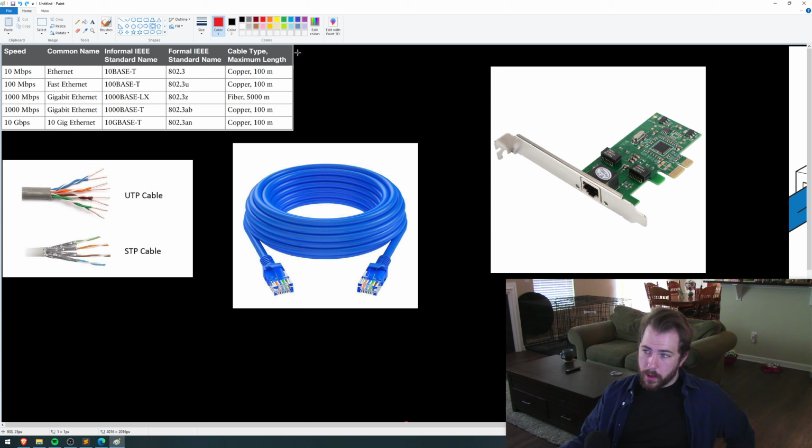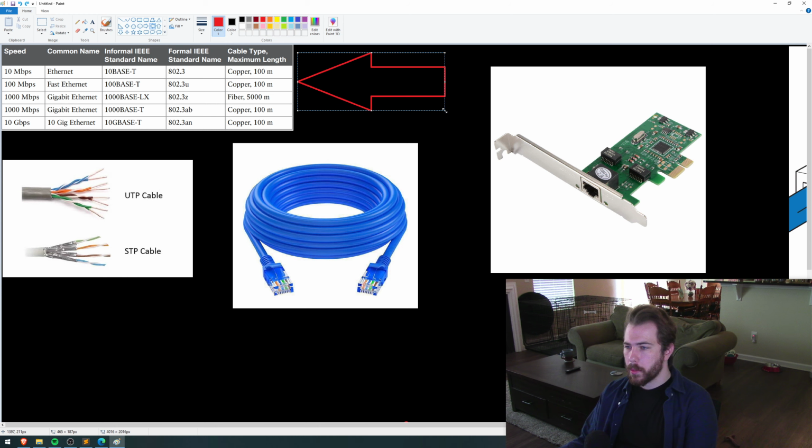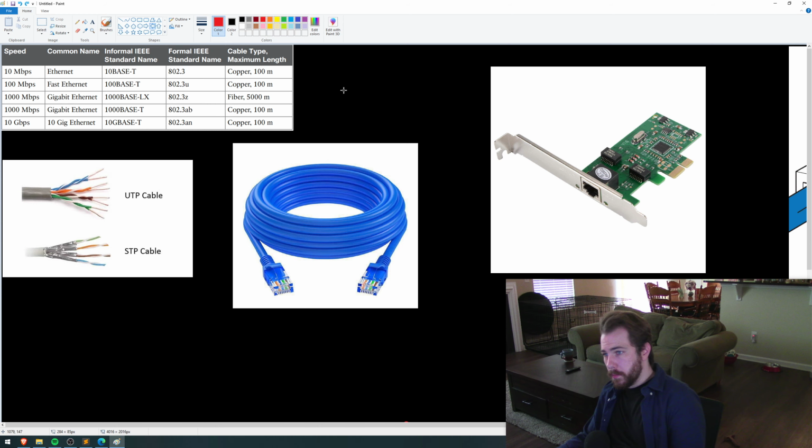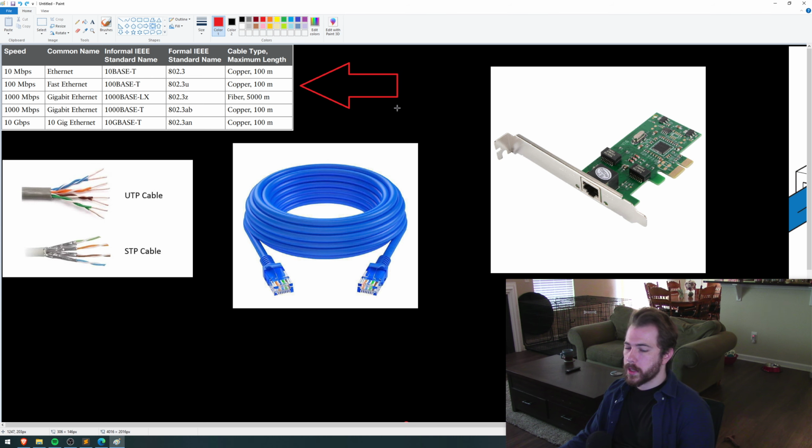The only other thing really to mention here is that there is 100 meters for the distance of a copper Ethernet cable. You can obviously see here that fiber goes a much further distance, but this is to let you know how far you can take an Ethernet cable.